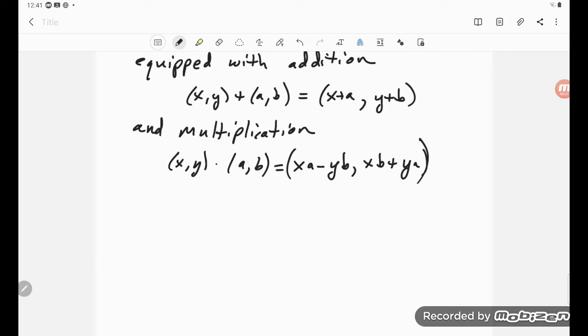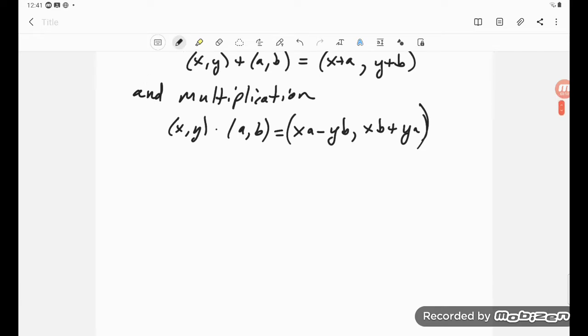So what the heck's going on there? This looks like very strange multiplication. The addition looks fine.